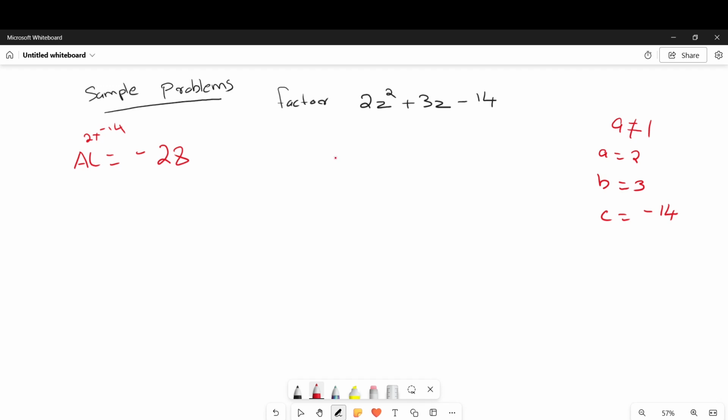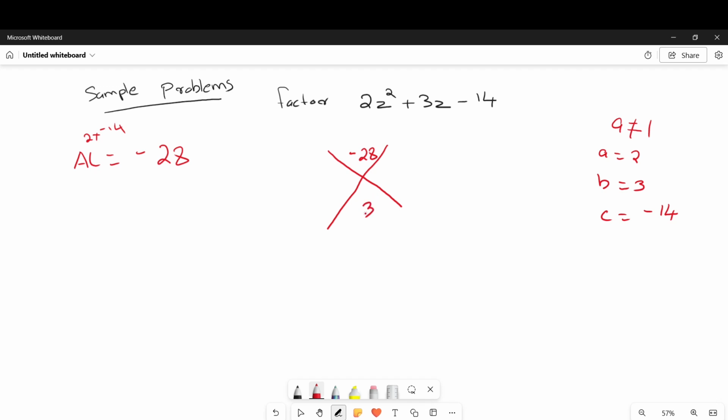Then my technique is like this. We need to find two numbers. When those two numbers multiply, we need to get minus 28. When we add the two numbers, we need to get 3.